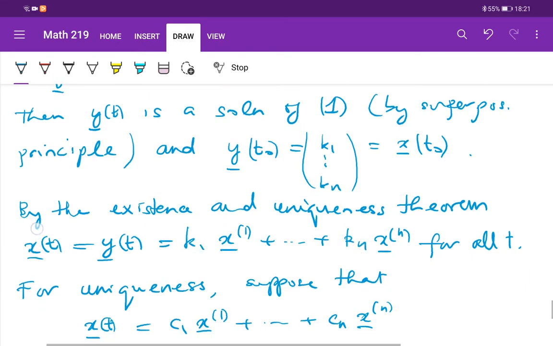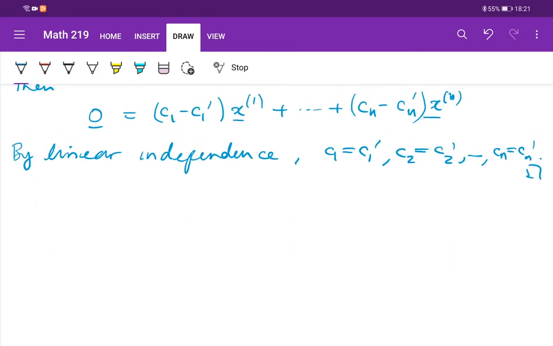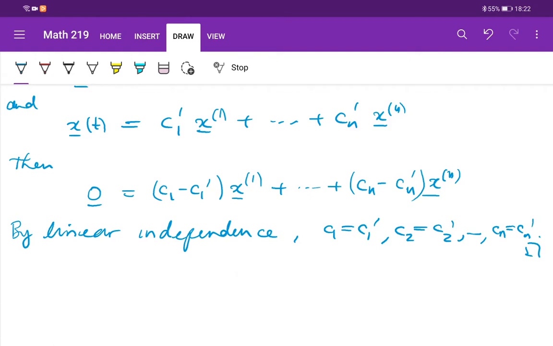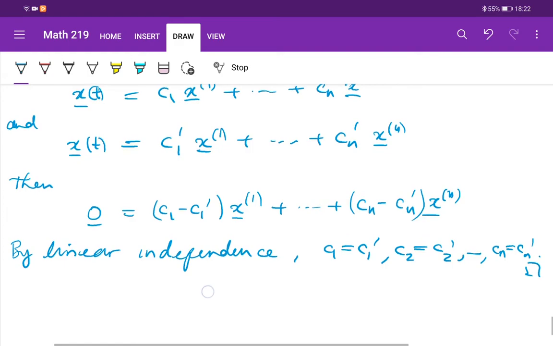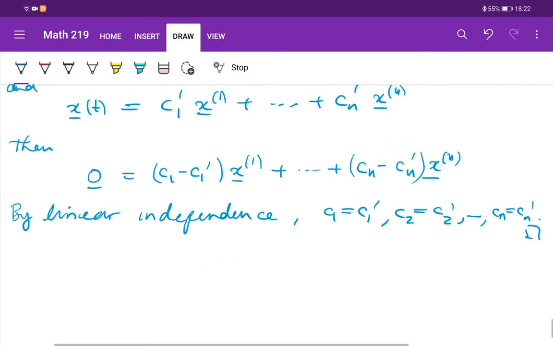Okay, so we know that given an arbitrary homogeneous system of linear first order ODEs, we can find a set of solutions which is linearly independent, and the linear combinations of this set give all solutions. So that's what we've established.